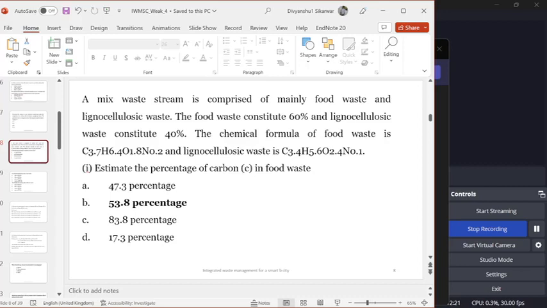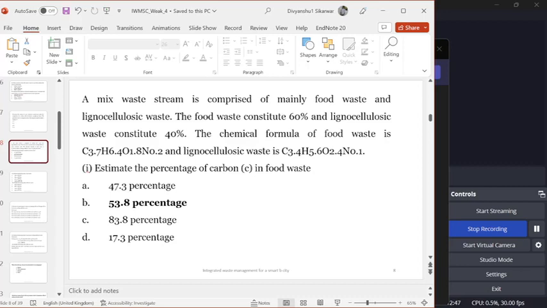For oxygen, it will be 44.54%. And for nitrogen, it will be 1.62%. So these values we can replace in Dulong's formula.